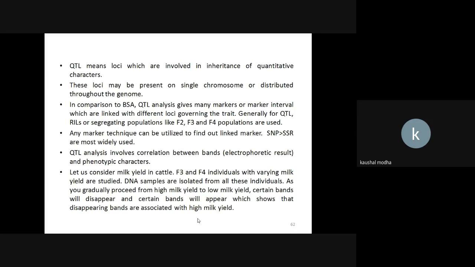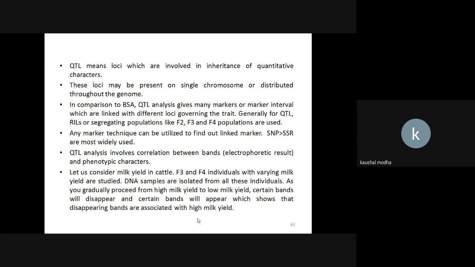Now, how can these qualitative markers be utilized to assess a quantitative trait? Mostly, as I told you earlier, RILs are utilized for analysis, and F2, F3, F4 populations can also be used. Any molecular marker technique can be utilized for detecting polymorphism. Generally, SNPs are preferred and most widely utilized nowadays, but SSRs can also be utilized.